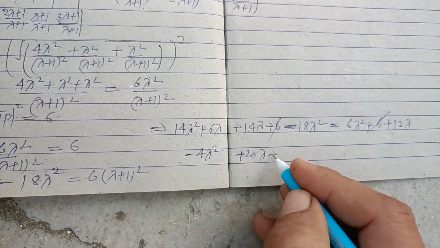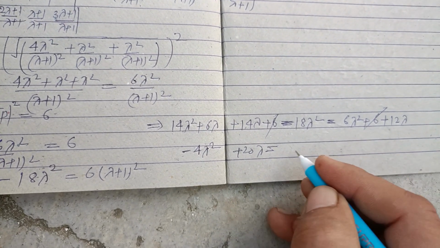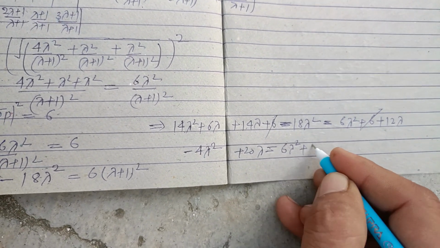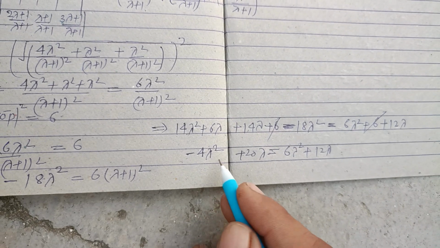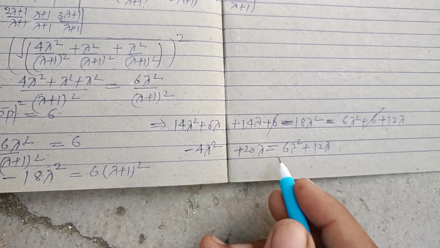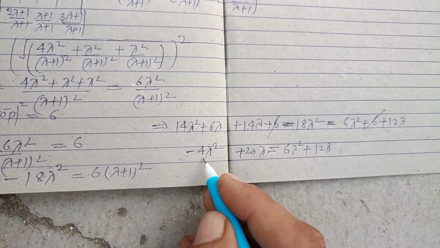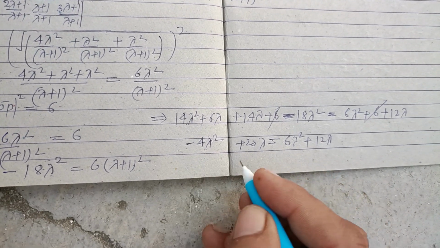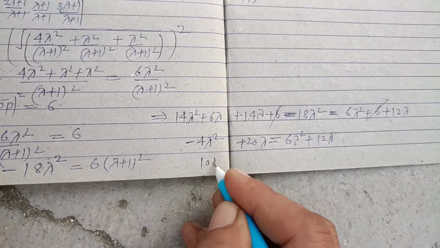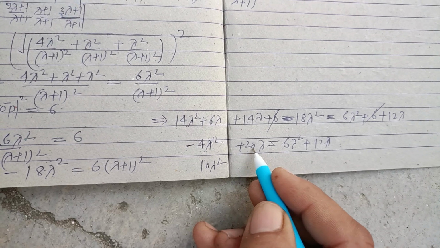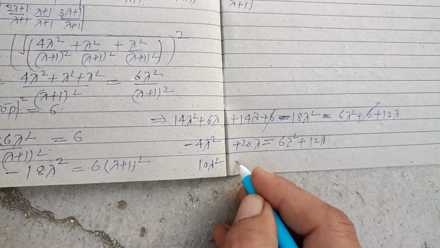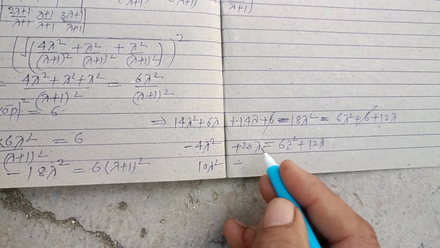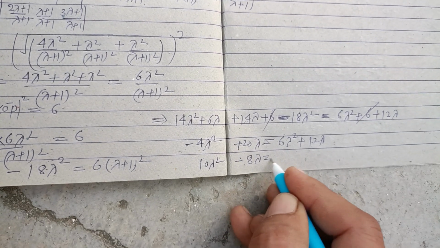The 6 cancels here, so we got 6 lambda square plus 12 lambda. Taking this 6 lambda square across, it becomes 10 lambda square, and 12 minus 20 is minus 8 lambda, equal to 0.